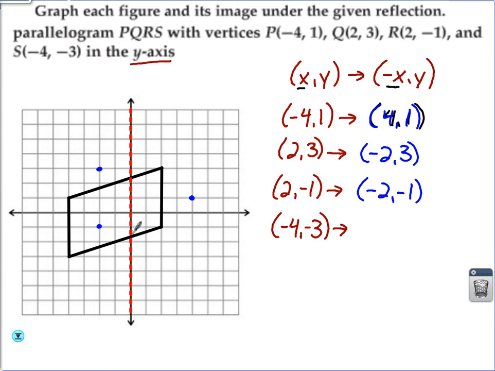This point to here. And finally, Hunter, the last one, (-4, -3) turns into (4, -3), which is 1, 2, 3, 4, 1, 2, 3. Connect our dots. It was a parallelogram before, it's still a parallelogram, but it reflected across the y-axis.